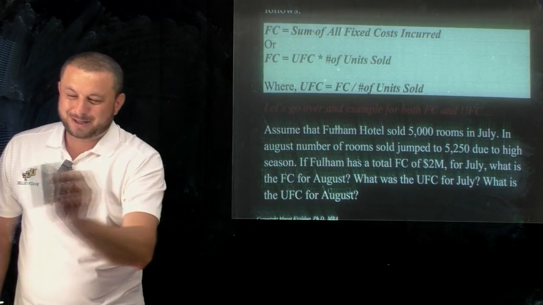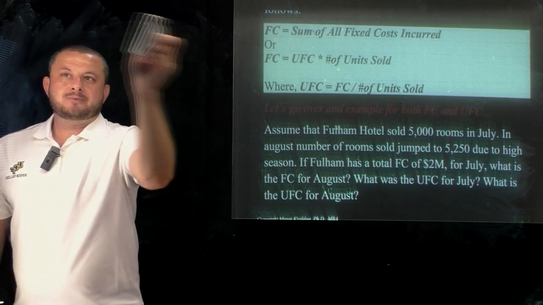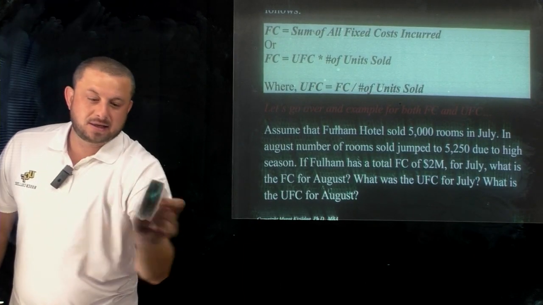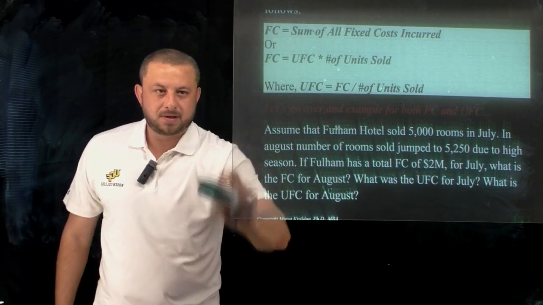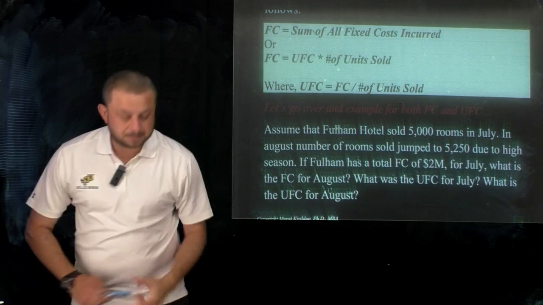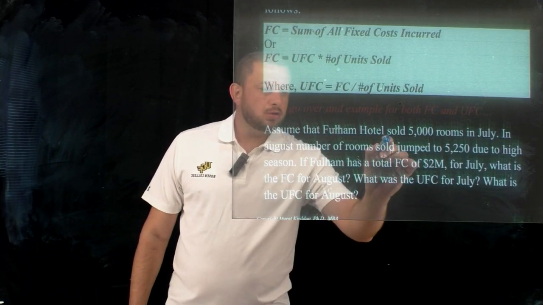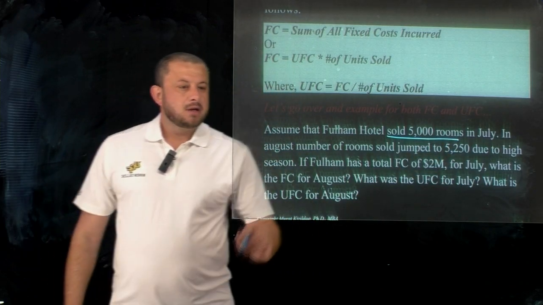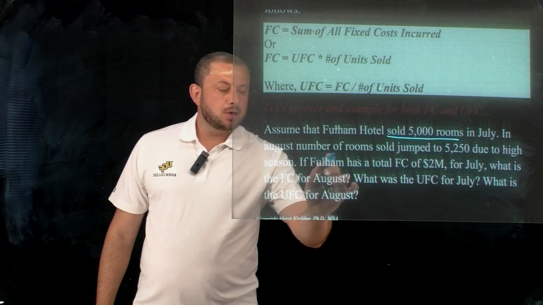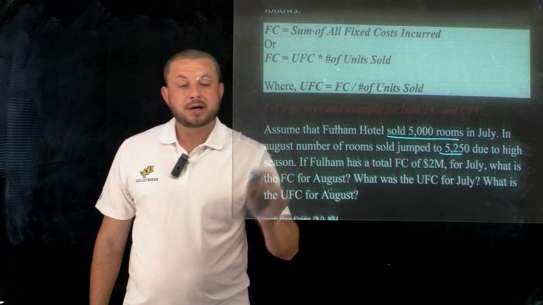I apologize that I have to erase this constantly, but I would like to point out what we are dealing with, and it will be just for your convenience, trust me. Assume that Fulham Hotel sold 5,000 rooms in July. In August, number of rooms sold jumped to 5,250 due to high season.